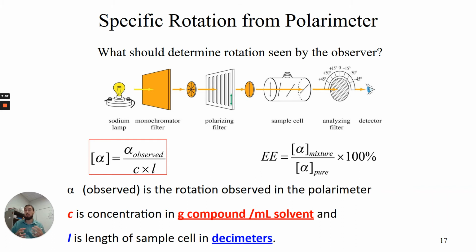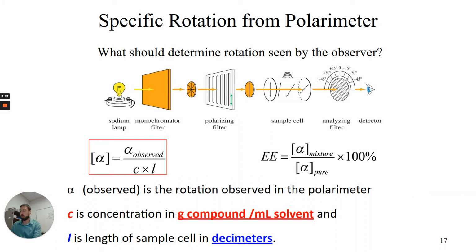We don't want to report an observed value, just like you wouldn't report that I got 0.5 grams out of, say, a recrystallization. And you're like, well, 0.5 grams, that was more than you started with. Well, you're only referencing that because of the lab experiment where you started with 0.1. If I started with 50 grams and I got 0.5 grams, that's not a very good yield, right?